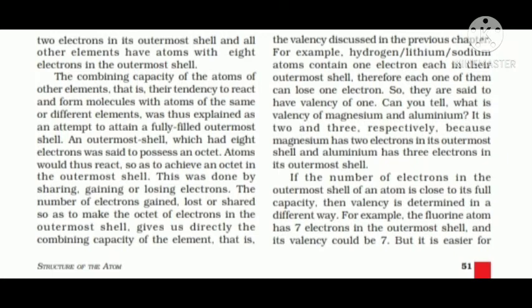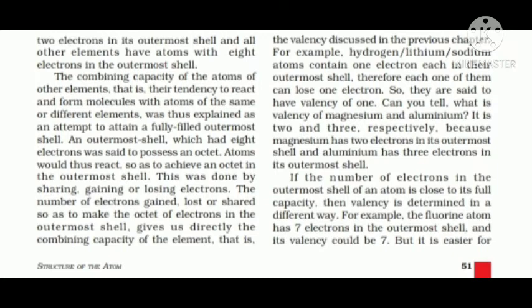The number of electrons gained or lost or shared so as to make the octet in the outermost shell gives directly the combining capacity of the element, that is, the valency of the element.